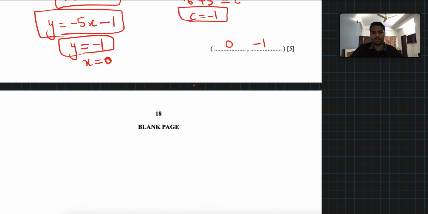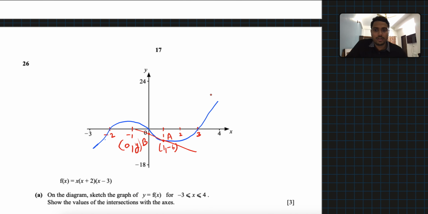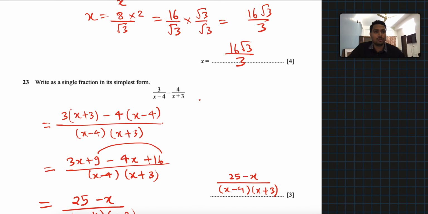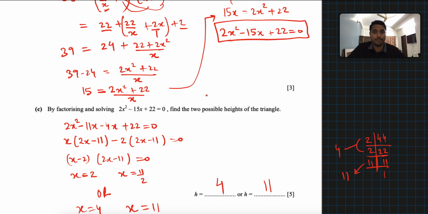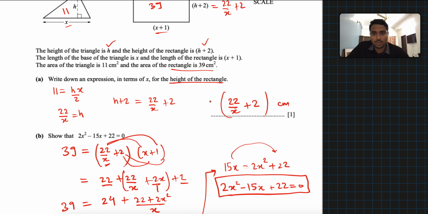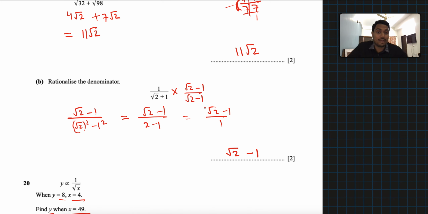Let's move on to the next one. Yeah, it's done. So yeah, we solved the entire paper without using a calculator. This is how we have to do all the calculations manually. I hope you all clearly understood how to solve a non-calculator paper by doing manual calculations.